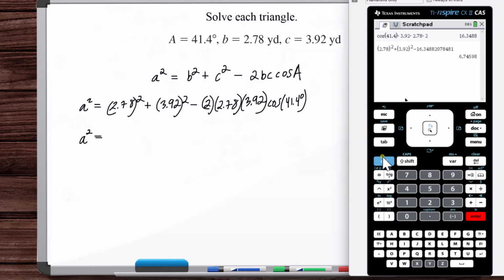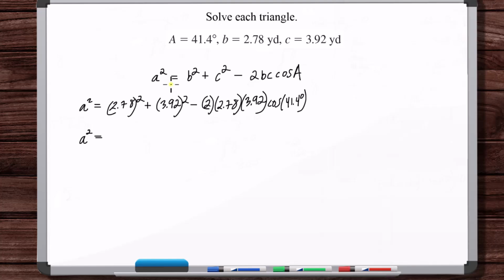Okay, and then we're going to take the square root of both sides. So 2.60 yards. Okay, there's side length A.